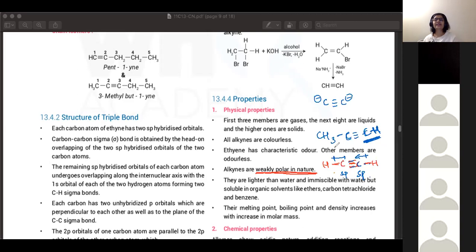All right, so you're almost there. The main reason for the polarity is the sp hybridized carbon, which pulls the electrons towards itself, giving rise to the weakly polar nature.